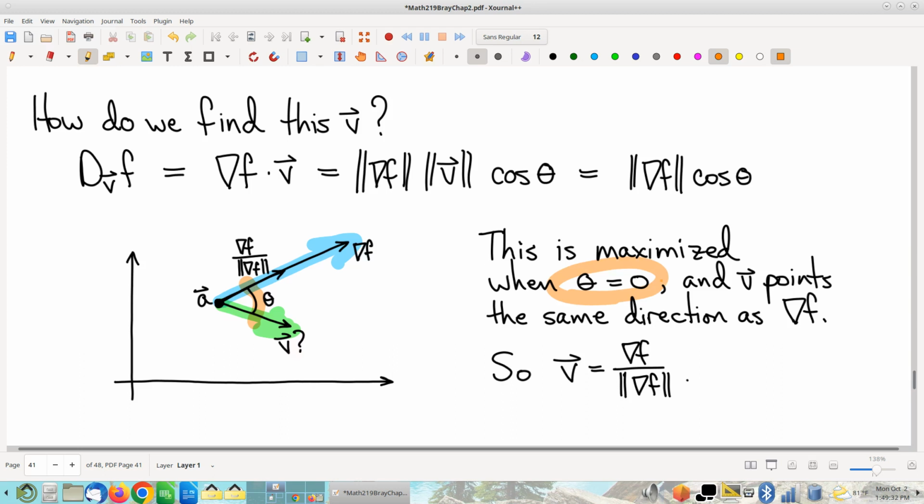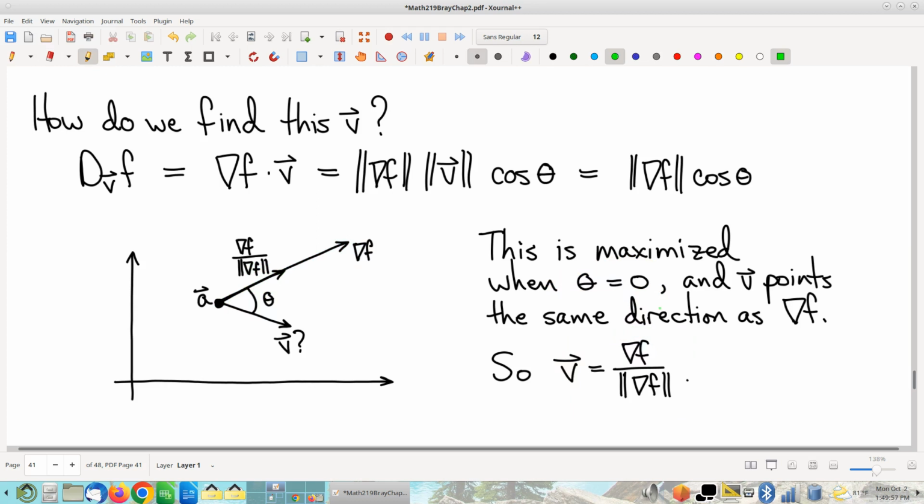The way I make that angle 0 is to have my vector, my direction of fastest increase, point in the exact same direction as the gradient. Everybody with me? All right. Cool. Now we have an answer to that question.